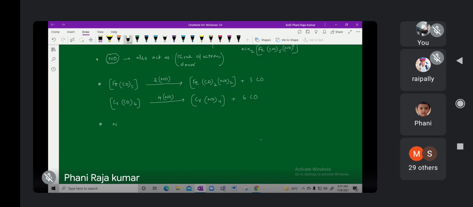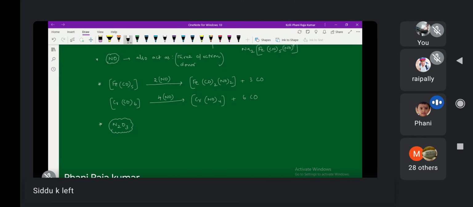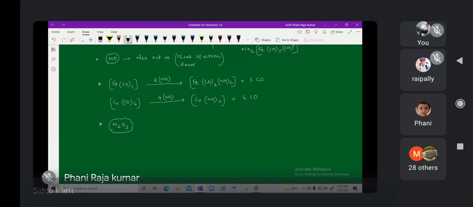Next one, N2O3, dinitrogen trioxide. In this N2O3, nitrogen can form a maximum of 4 bonds only.